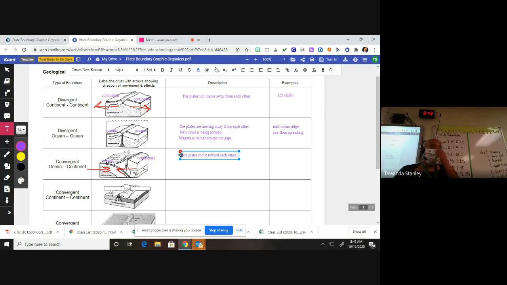Also, subduction occurs, and subduction occurs because the oceanic crust sinks under the continental.